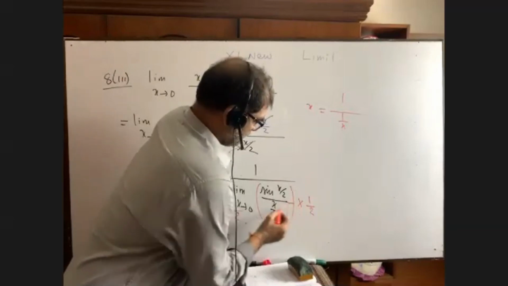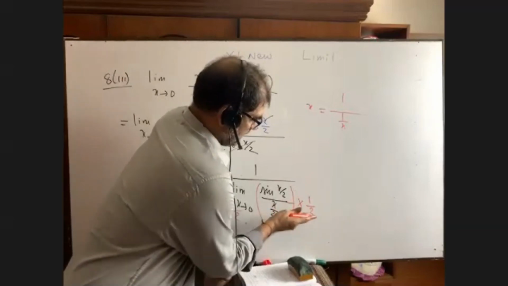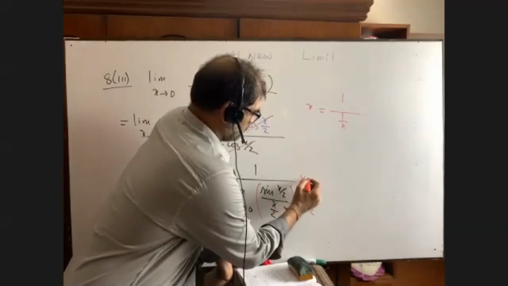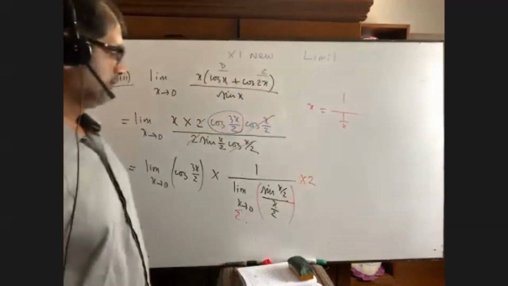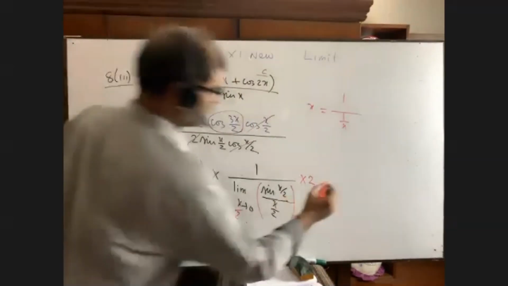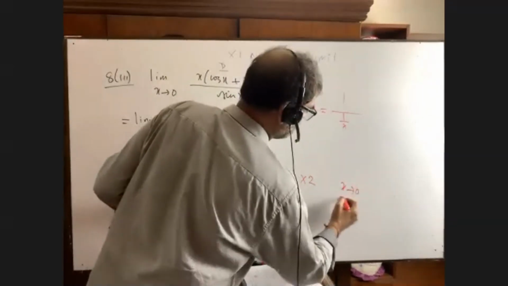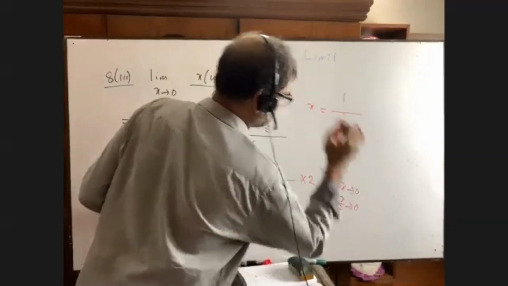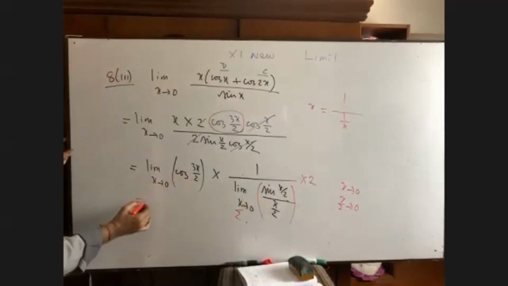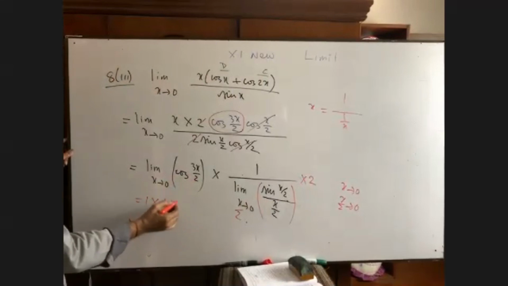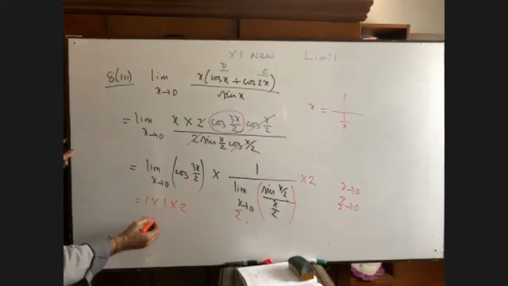So this half will be omitted. Here half means it is in the 2. And x tends to 0. That means x by 2 tends to 0. So we are getting here cos 0, 1. It is 1 and it is 2. That is our answer is 2.